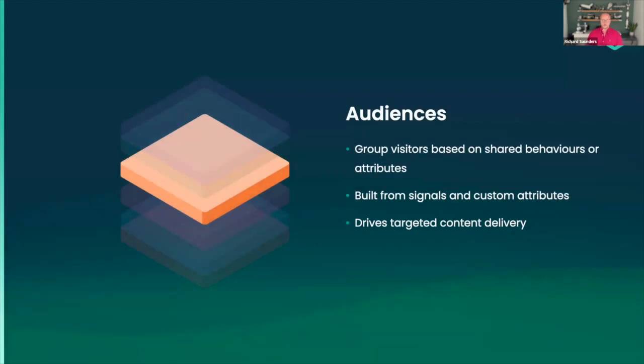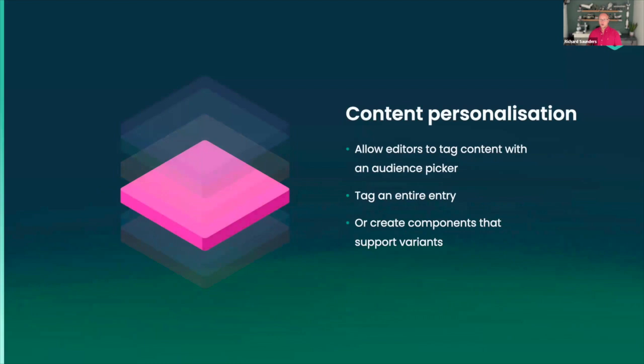So briefly mentioned, audiences group your different visitors based on the behaviors or attributes defined in the signals or custom attributes. They all come together to enable you to drive targeted content delivery. And that targeted content delivery comes from the entry editor. You want to be able to allow your authors to tag content to particular audiences. So that might be an entire entry, like a blog post. Who is this blog post aimed at? Is it aimed at developers? Is it aimed at content authors?